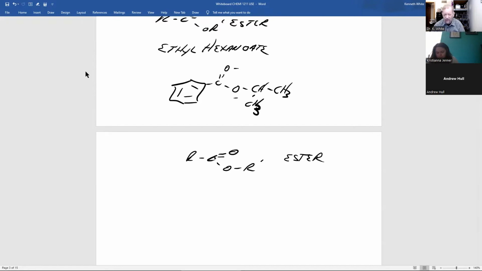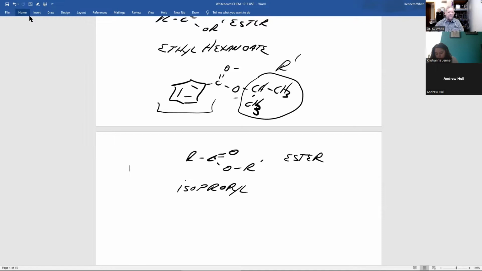And now how do we name that? Well, you name R prime as the alkyl group it is, in front. And that's an isopropyl group, if I can spell it right. And then on this part, R is a benzene ring.